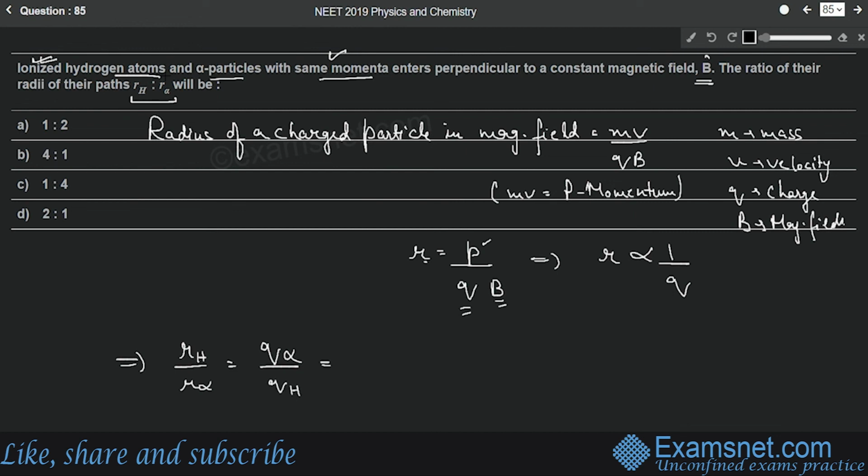And what is the charge on the alpha particle? It is +2, so it will be 2 divided by the charge on a hydrogen, which is 1. That means this ratio RH is to R alpha is equal to 2 is to 1. Got it? So the correct answer will be option number D. So the last option is the correct answer.